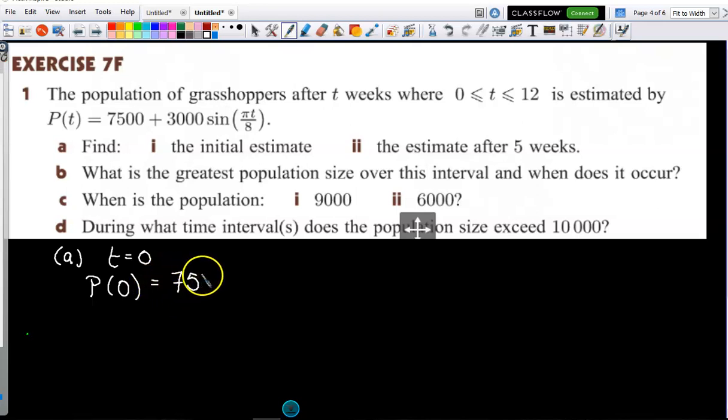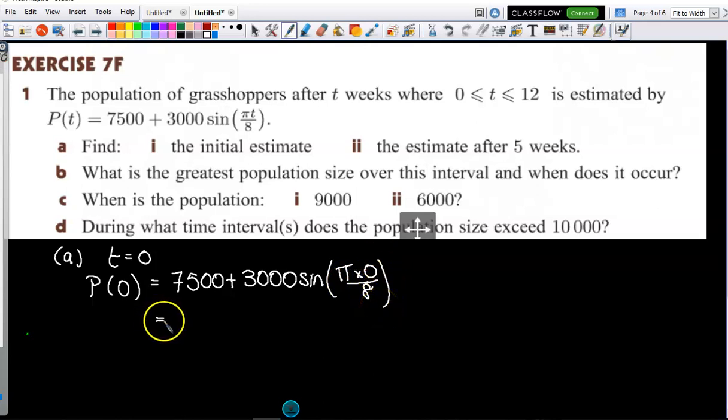And then we sub in. We go 7,500 plus 3,000 sine pi times 0 over 8. And you're just covering your backside in case you've typed the wrong thing in your calculator. Yeah?